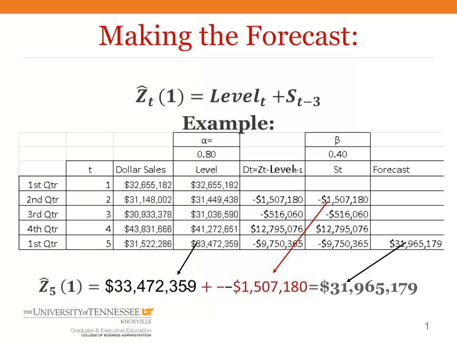And that tells us that on average, or the smooth value of the discrepancy going from first to second quarter is about $1.5 million. So we combine those two numbers and get our forecast. So it's similar to what we started out doing, but rather than using raw numbers and raw differences or discrepancies, we're using smooth values for both of those.